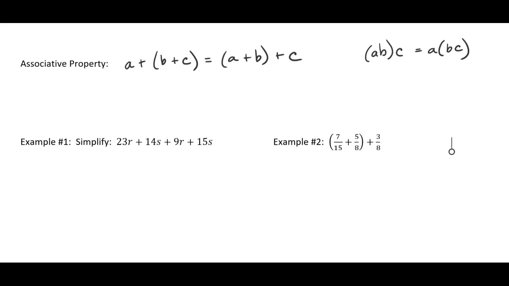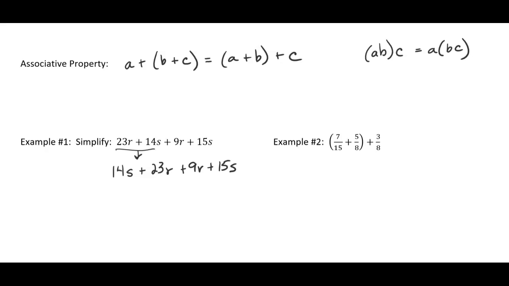I'm probably going to take the long route with this problem, but normally, order of operations says addition, go left to right. So 23R plus 14S, I would do that part first. Well, I'm going to go ahead and switch them. So it's commutative, right? So 14S plus 23R plus 9R plus 15S. Normally we probably wouldn't take this many steps to do this problem, but I wanted to show you the properties. So what I did was I used the commutative property between the first two terms, and I switched their order.